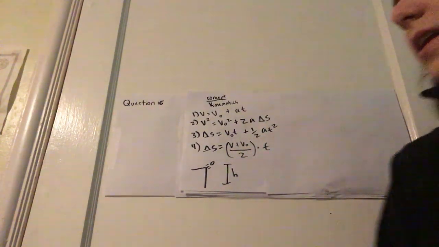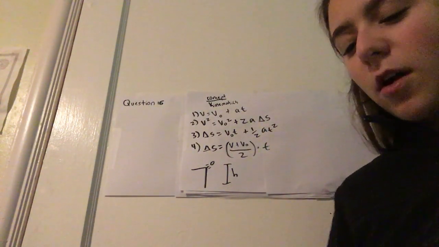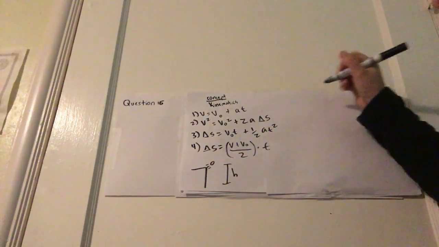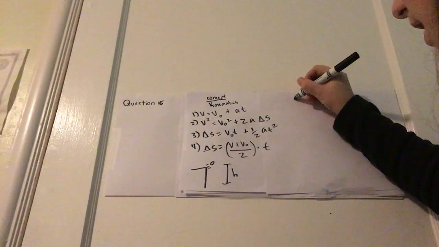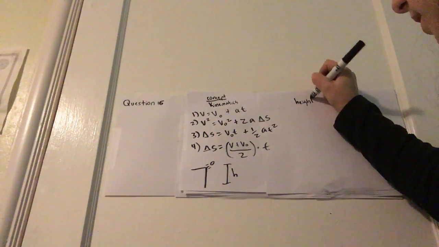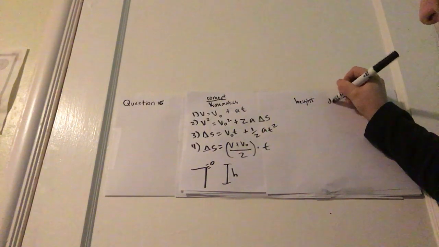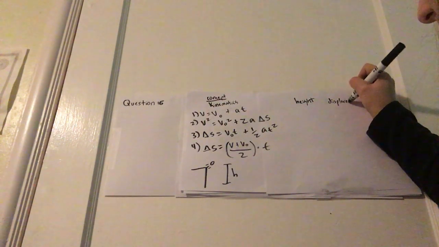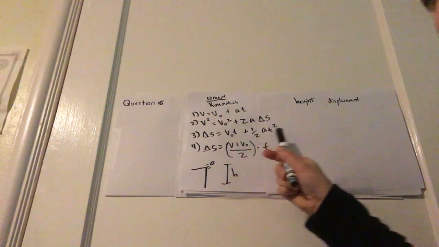So for kinematic equations, we just put in what we know and what we're trying to look for, and then solve it. So what I'm looking for is the height of the building. So that's what I'm looking for right here, or it can also just be the displacement. So I need an equation with displacement in it.